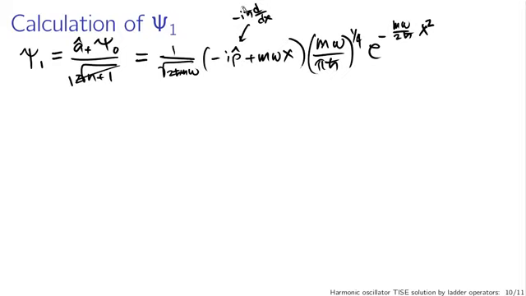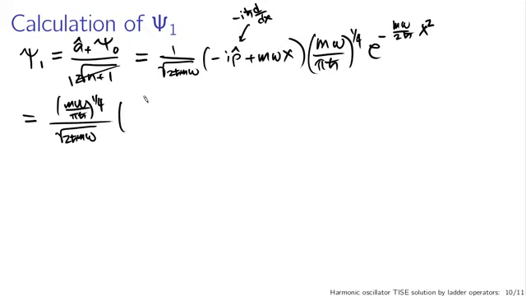We just have to evaluate this, taking derivatives of this exponential and multiplying it by x. So let's continue with that. Moving our normalization constant out front, m omega over pi h bar to the 1/4 power over this square root factor, 2 h bar m omega.